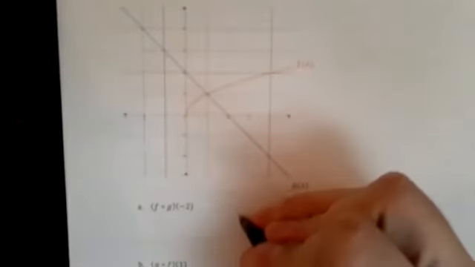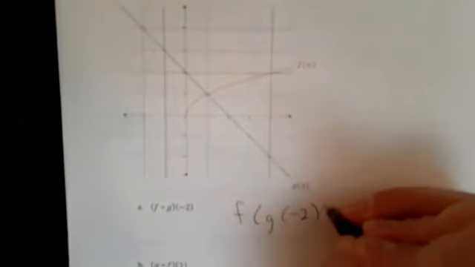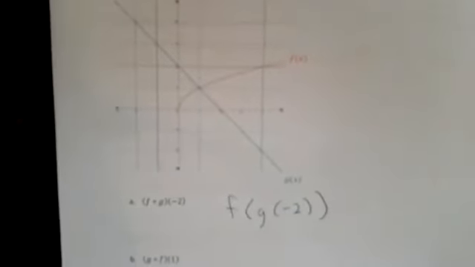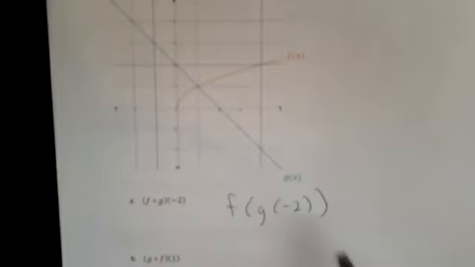And so let me go ahead and write out the definition down here. f of g of negative 2. And I kind of talked about this, but when we do compositions of functions, we're only using this x value once. And so here's a little overview of the process.